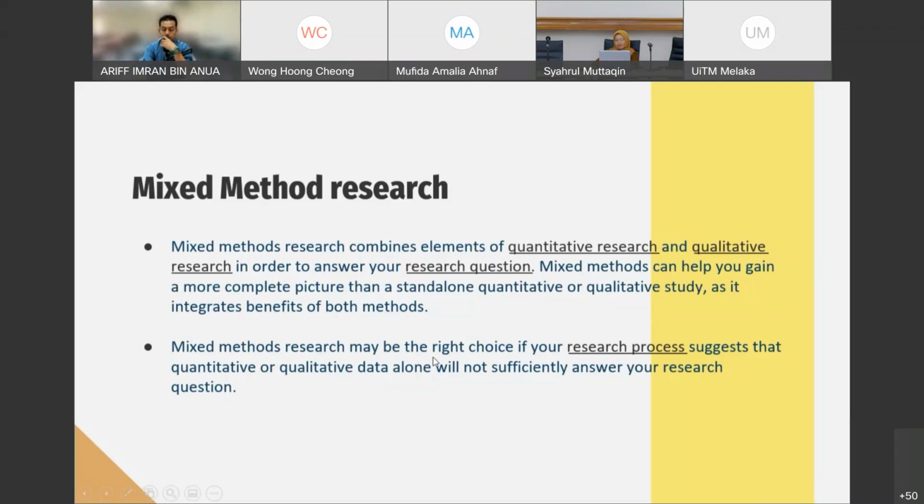This might be the right choice if your research process suggests that quantitative or qualitative data alone will not sufficiently answer your research question.